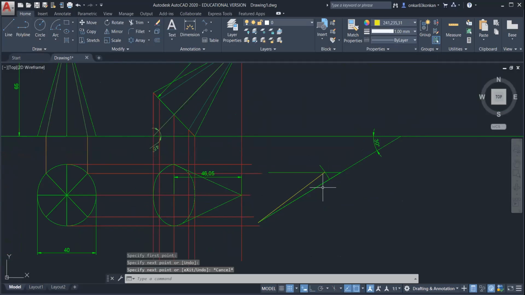On this line, by taking this line as a center line, we have to complete the second stage top view for the third stage. So you can extend this line.